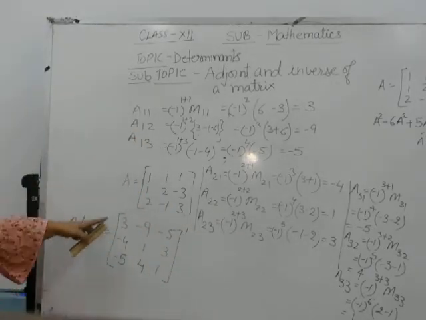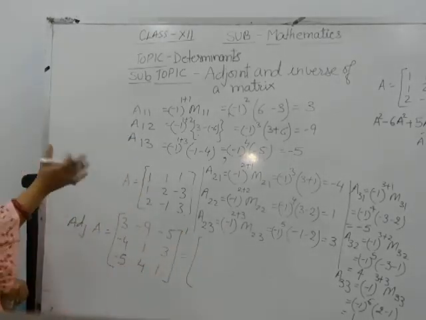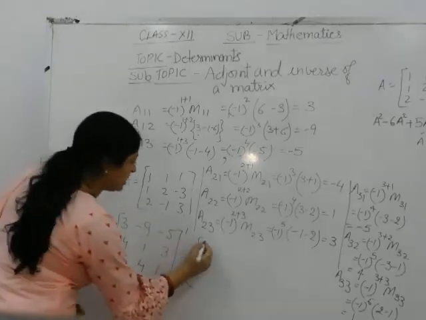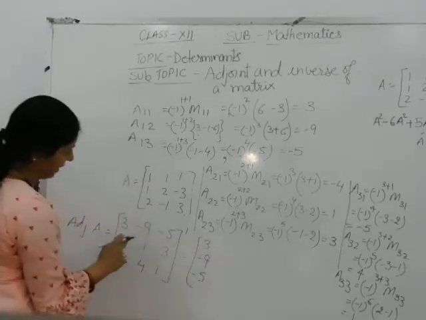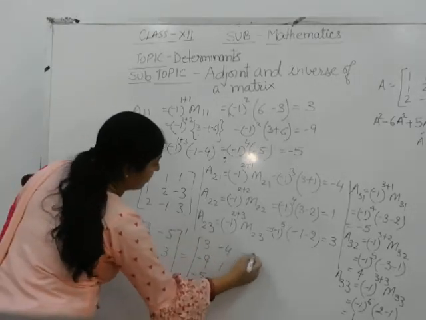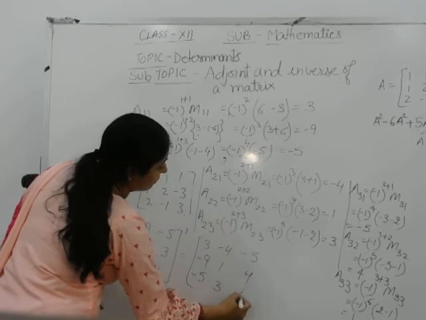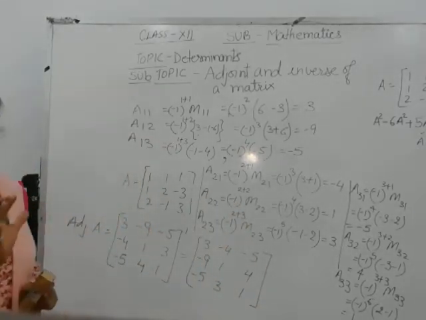Transpose, as we know, means interchange row and column. So it is 3, minus 5, minus 9; minus 5, minus 4, 1; 3, minus 5, 4, 1. This is the adjoint of A.